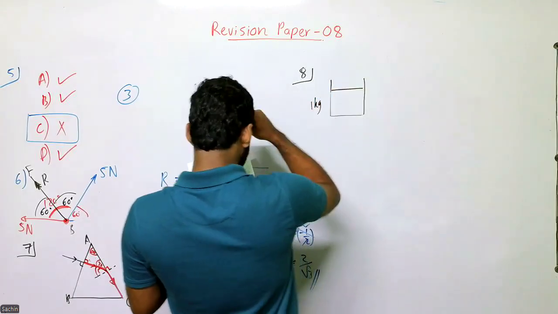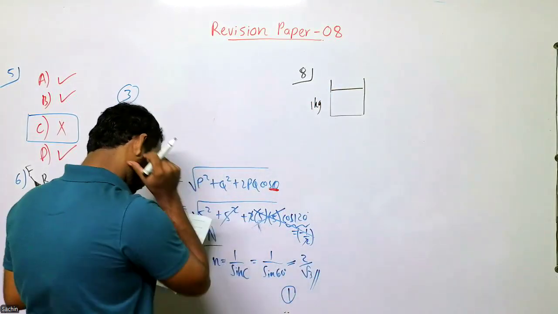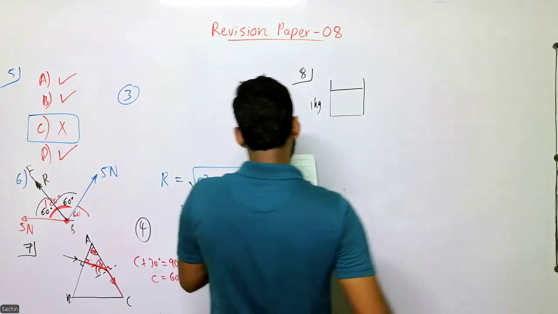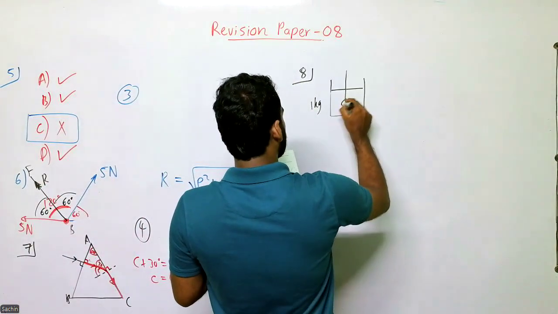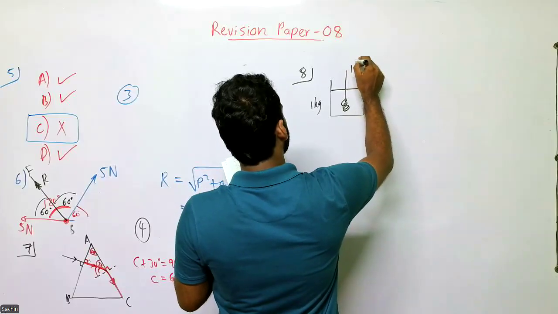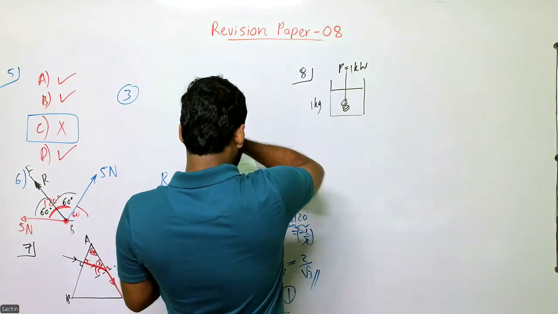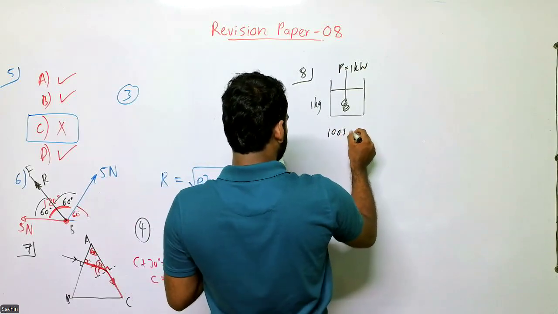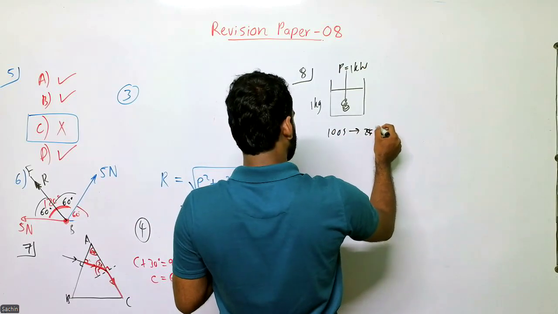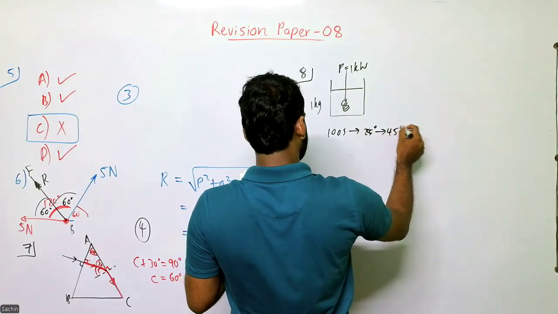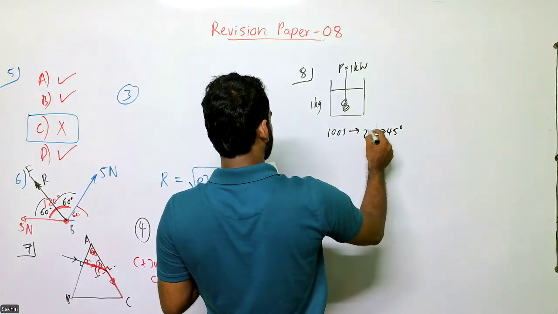When you get this kind of question, always draw a diagram. That will be much easier to deal with. So you have put a heater there, 1 kilowatt power. Within 100 seconds, the temperature rose from 25 to 45.